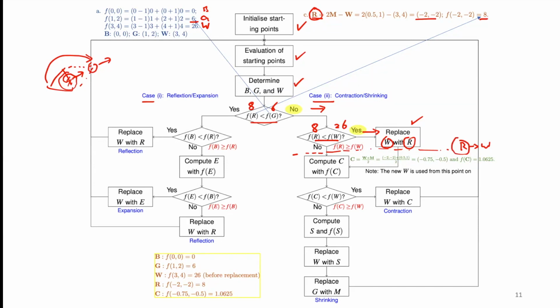So up to now, we are able to improve a little bit. That means the worst point is replaced by R. And now we are going to go to this box.